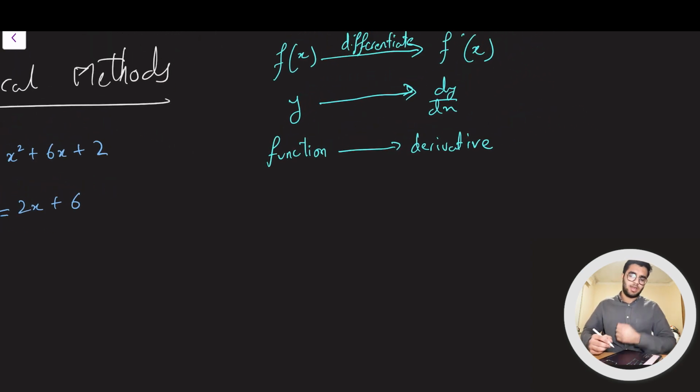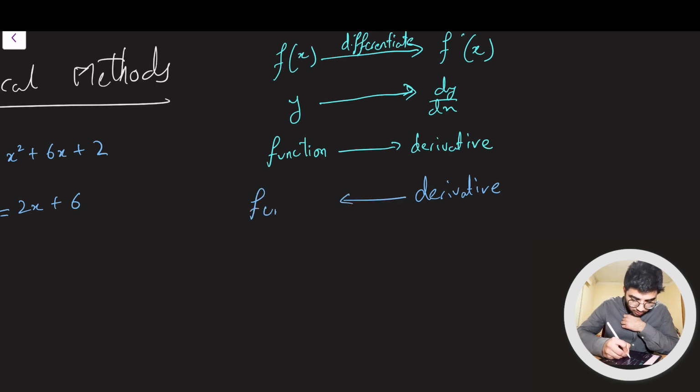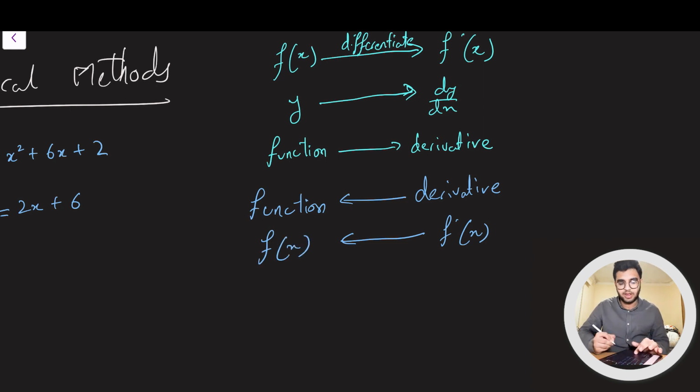But what if I don't follow this path and I decide that I want to go the other way back? What if I want to go from the derivative to the function itself? If I have this derivative here, I want to go from here to the function it came from.